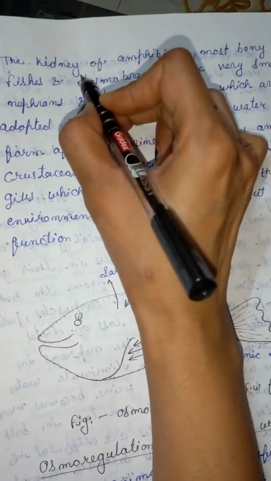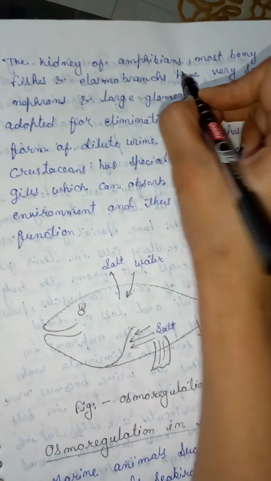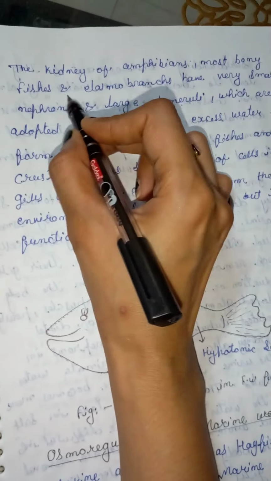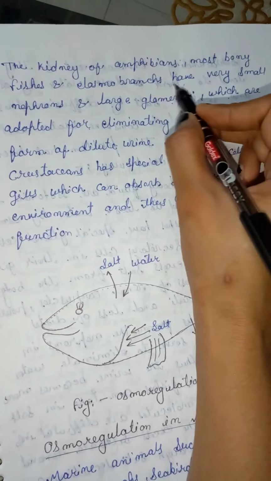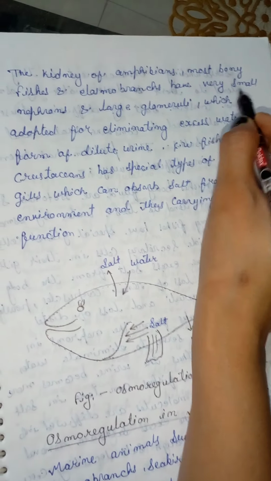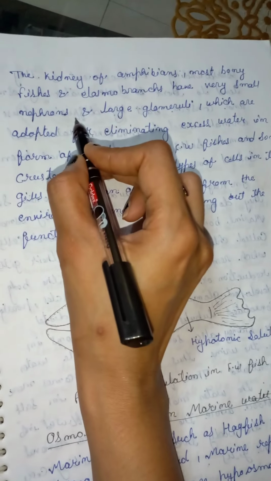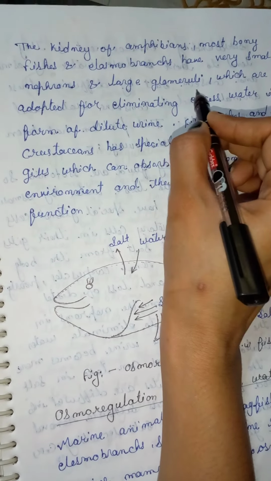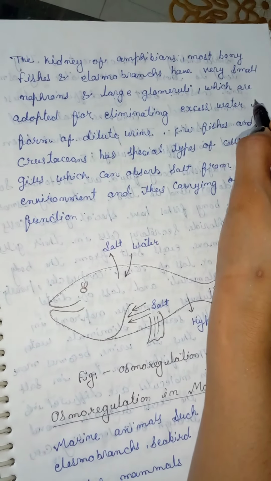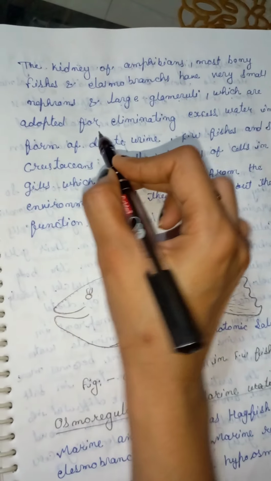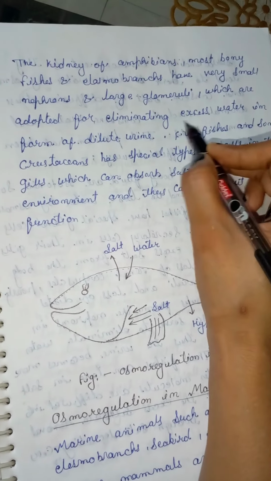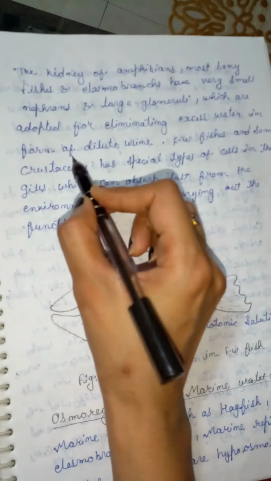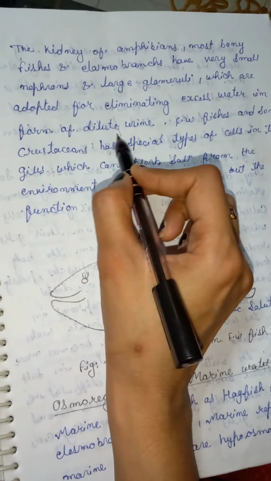The kidney of amphibians, most bony fishes and elasmobranchs have very small nephrons and large glomeruli, which are adapted for eliminating excess water in the form of dilute urine.